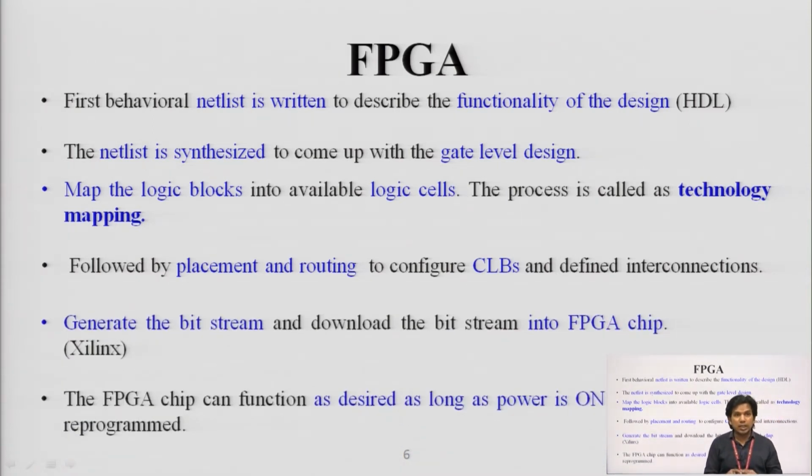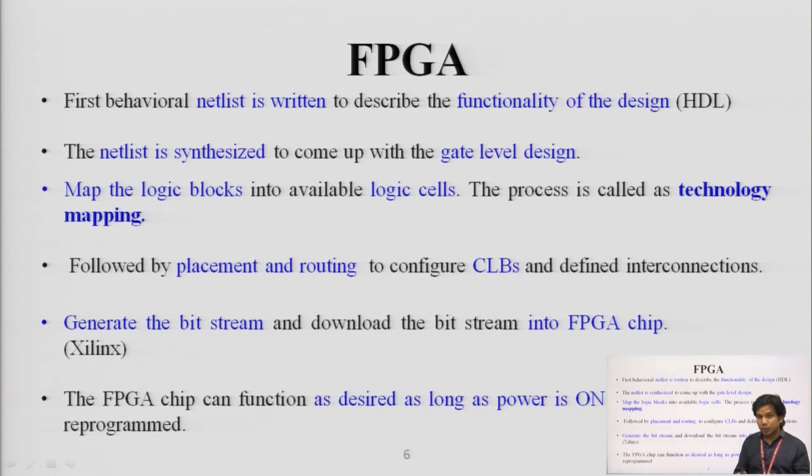Once it is done, our task is to generate a bit stream so that we can burn it or download it into the FPGA by using a tool like Xilinx. Then once you have given the input to your FPGA kit, the FPGA chip can function as desired as long as the power is on, or unless you reprogram the interconnect.